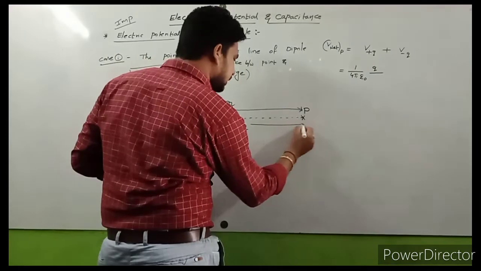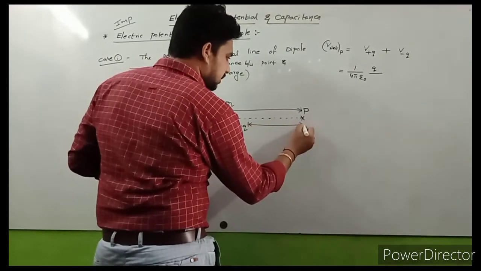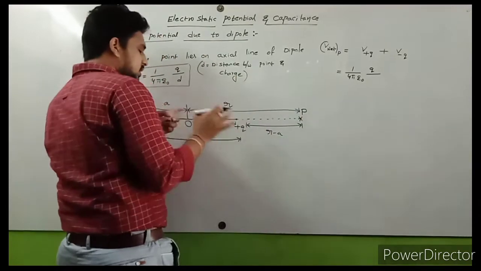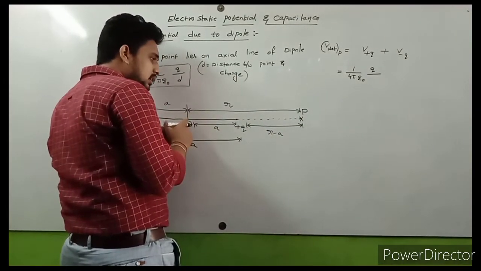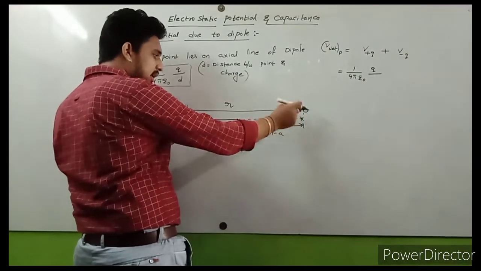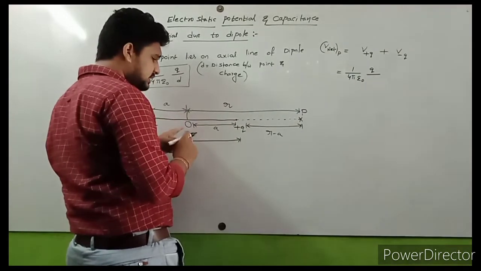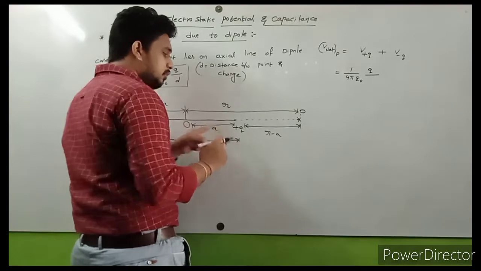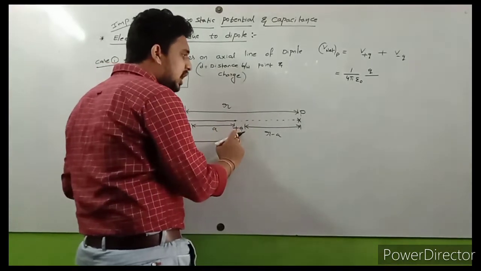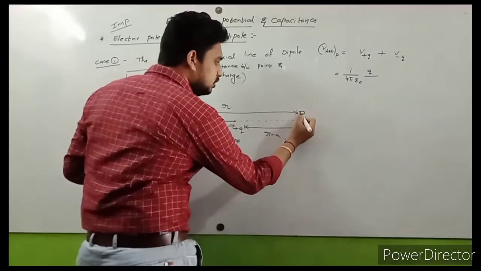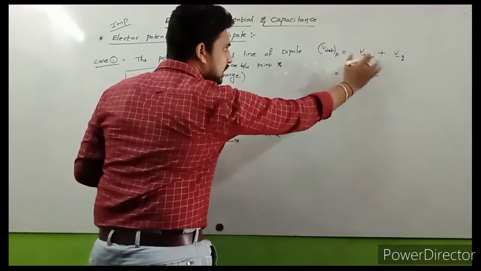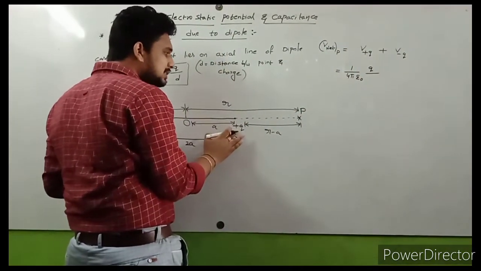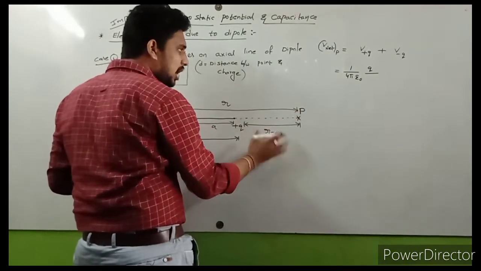Then this distance will become R minus a, because the distance from the center of the dipole to the point is R, and the distance from the center of the dipole to the plus Q charge is a. We are talking about the potential due to the plus Q charge, so the distance from plus Q to point P is R minus a.